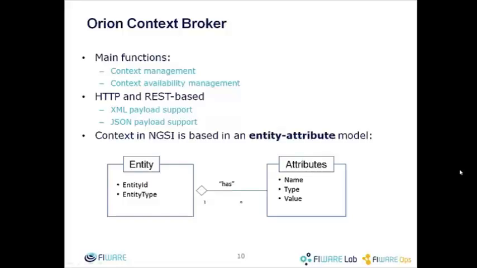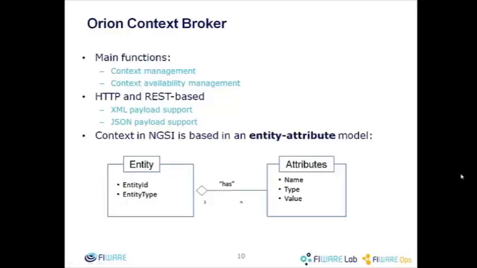When you design your application, you have to model all the information you need to care about as entities that have attributes. And then you can take advantage of NGSI.